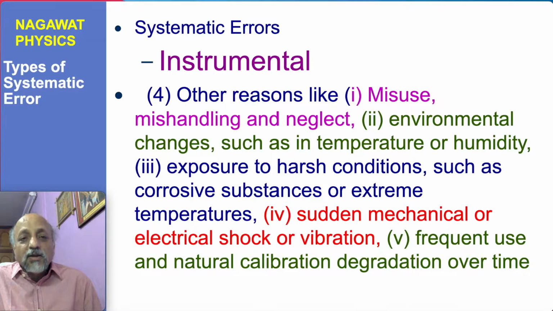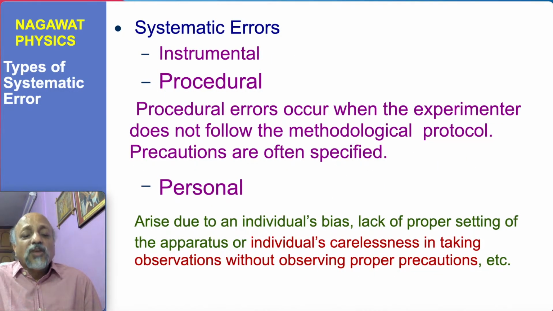But other than the instrumental error, we can also have systematic errors arising out of procedural methods, or procedural errors. Procedural errors occur when the experimenter does not follow the methodological protocol of the measurement and makes compromises in following the protocol.